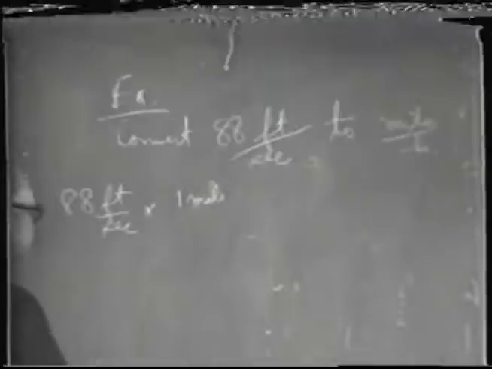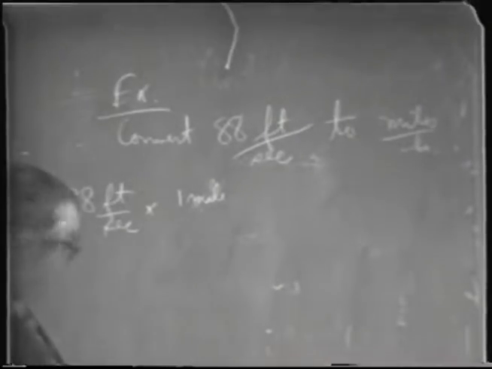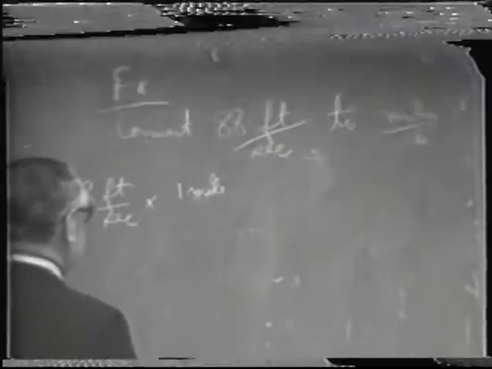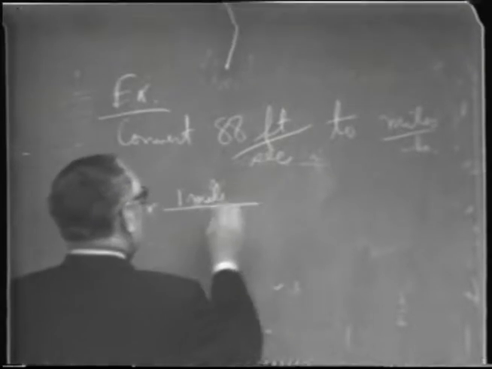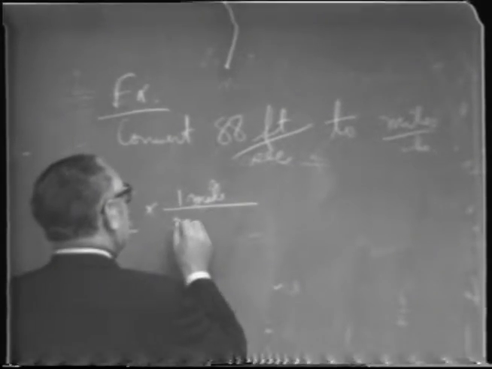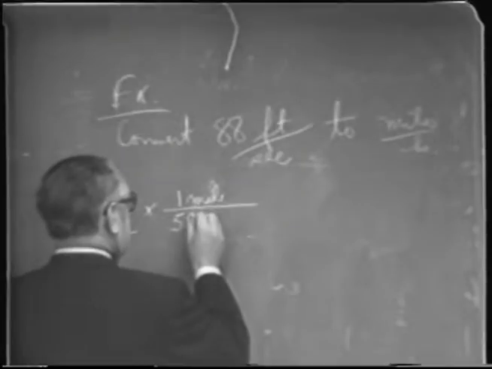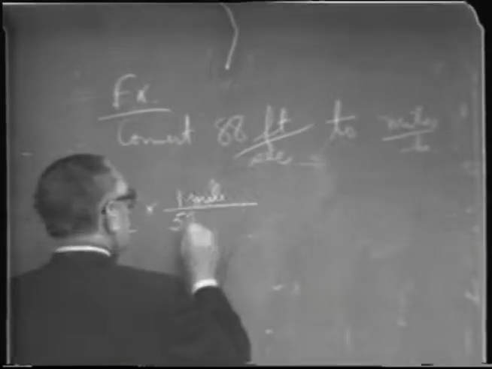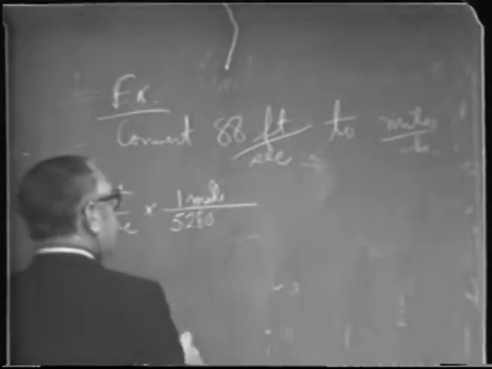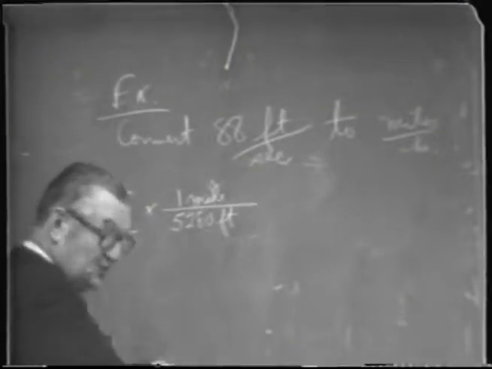And so how many feet in a mile? Well, we've already said 5,280. So 1 mile divided by 5,280 feet is a ratio which is numerically 1.